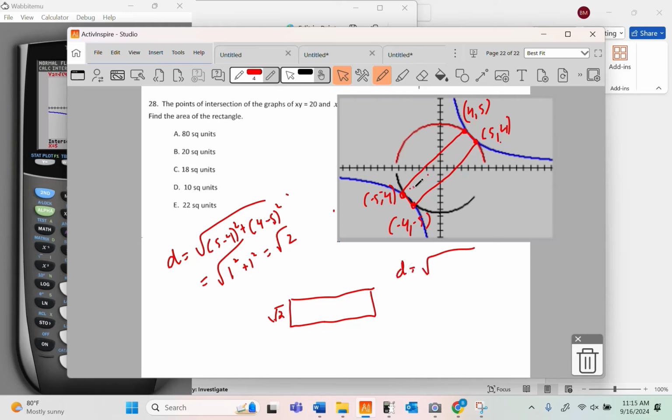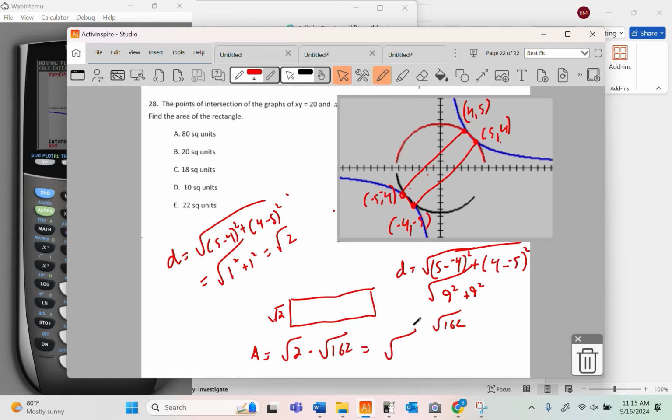Square root of (5 minus a negative 4) squared plus (4 minus a negative 5) squared. Those are both 9. That's 9 squared plus 9 squared, which is going to be root 162, 81 plus 81. So our area is the root of 2 times the root of 162, which is the root of 324.